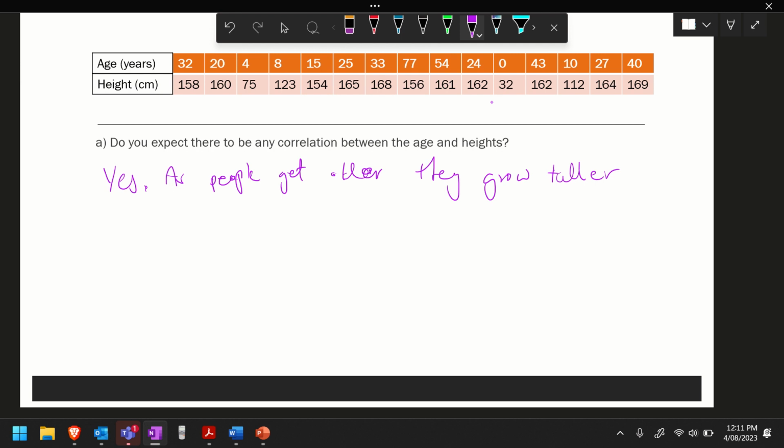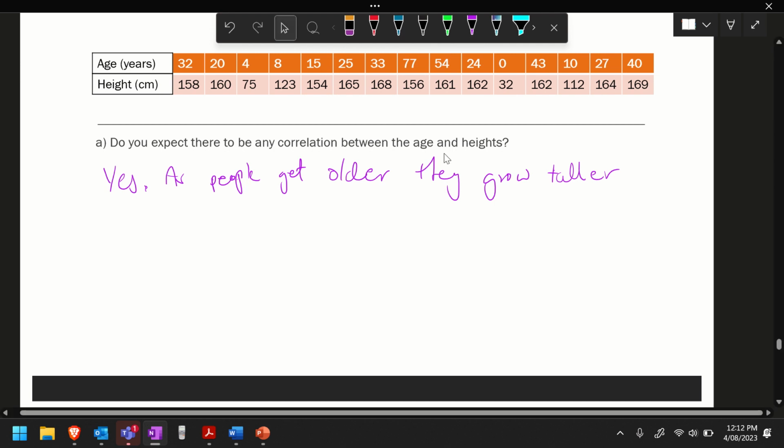As people get older, they grow taller. Normally speaking, except maybe when you get old, which is like me, starting to get short. All right, so that's what we would say. Yes, so there's going to be a correlation.